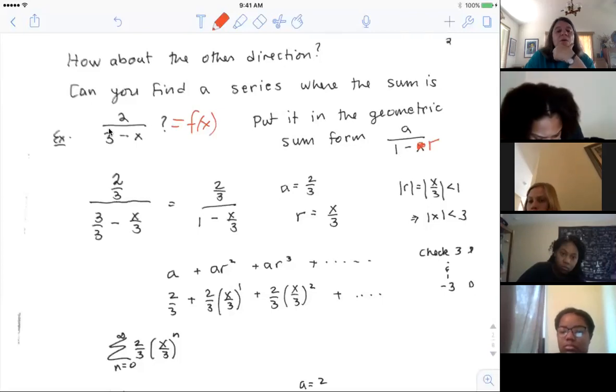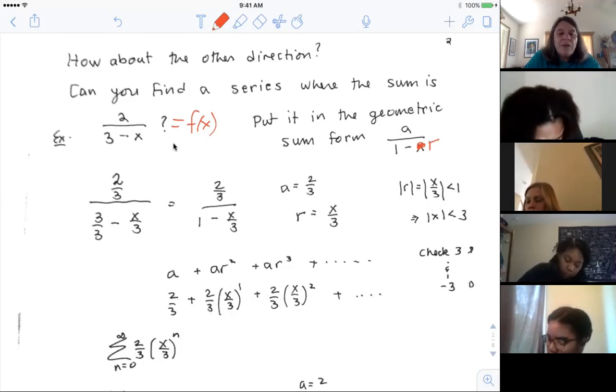If I'm going to get a 1 right there, I need to do something about this 3. What I'm going to do is divide that by 3. But if I divide that by 3, I'm going to have to divide everything else in there by 3. It's like dividing the whole numerator by 3 and the whole denominator by 3. So that's what I did right here. I divided everything by 3.